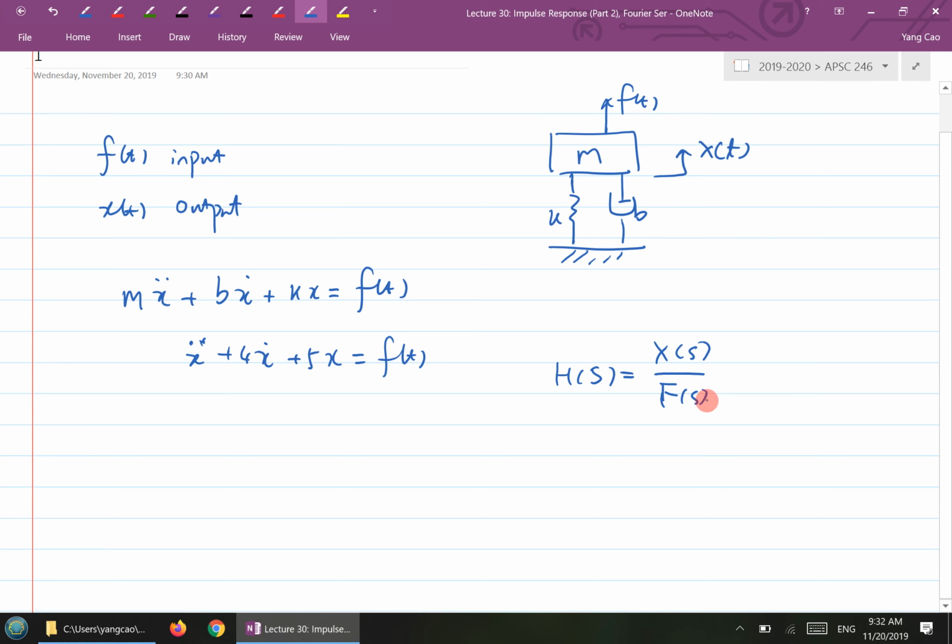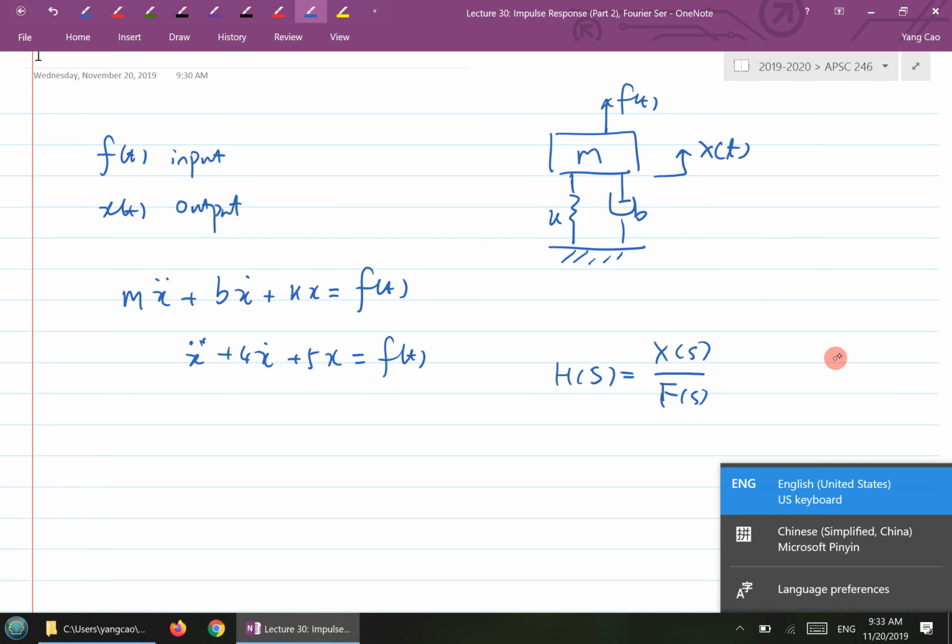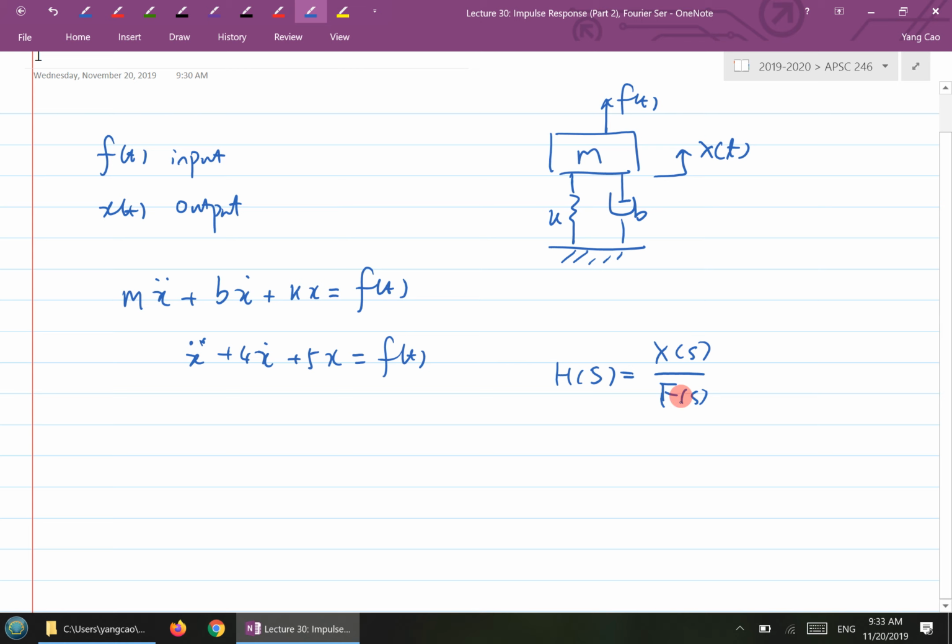Right, so that was a mistake. Although the answer was right, the transfer function should be the ratio of the output over the input. Okay.